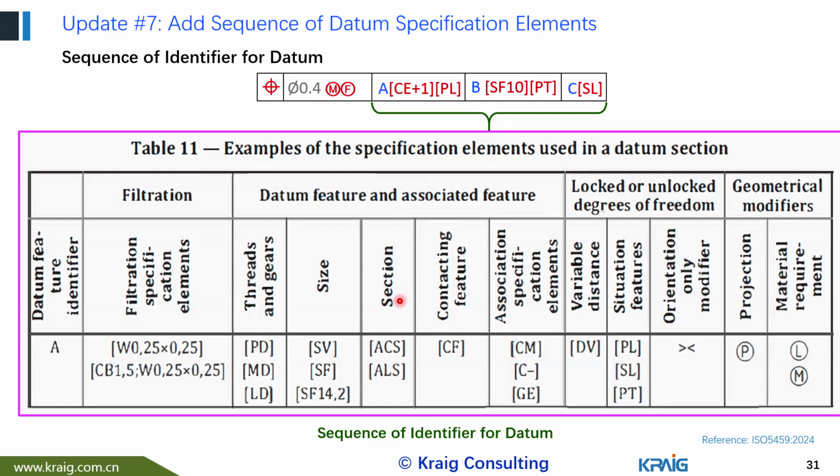And also you can specify which section you are going to use, and the ACS means any cross section. And here's contact face, and the C means Chebyshev. This is the association criteria. C means Chebyshev or min-max. M means without material constraint.